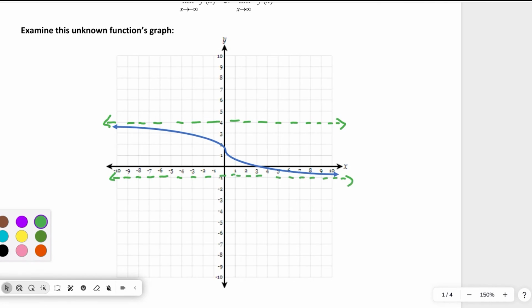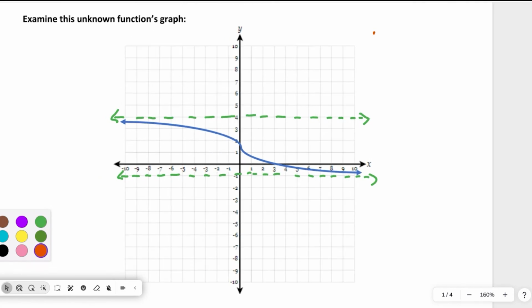Now, one thing I do want to make clear is that, back in the day, you may have been told that a casual definition of an asymptote is a line that the graph cannot cross. That's not true, actually. A graph can cross an asymptote. An asymptote simply defines the long-term behavior of a graph.